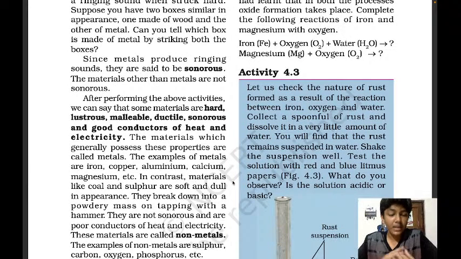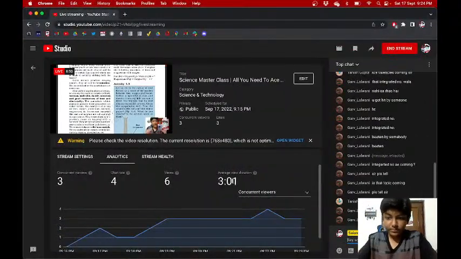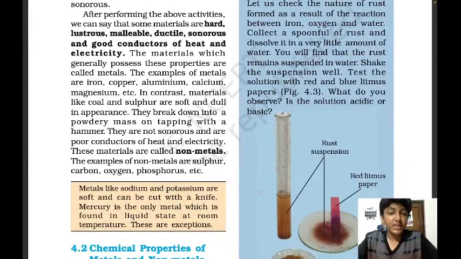Malleable, they can be drawn into thin sheets. Ductile, metals can be drawn into wires. Sonorous, they produce a ringing sound, and they are good conductors of heat and electricity. The materials which generally possess these properties are called metals. Examples of metals are iron, copper, aluminium, calcium, magnesium, etc.